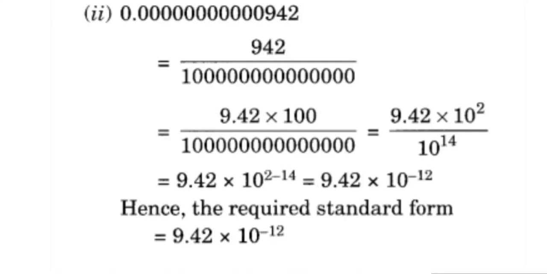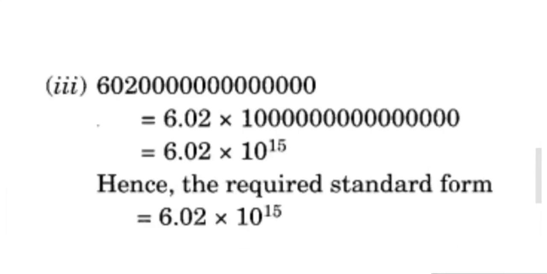So now we will subtract both the powers, so it will come 9.42 into 10 raised to minus 12. Now see number 3, 602 followed by 13 zeros. So now here after 6 we want the decimal. So this we can write as 6.02 into 10 raised to 15, means total 15 digits. Okay, so this is the required standard form.